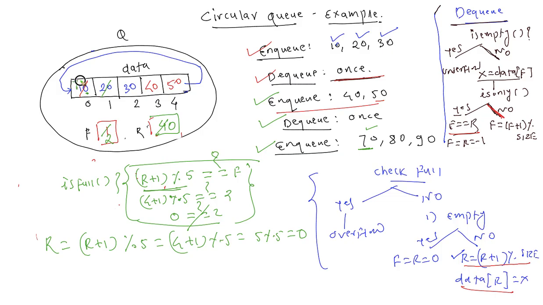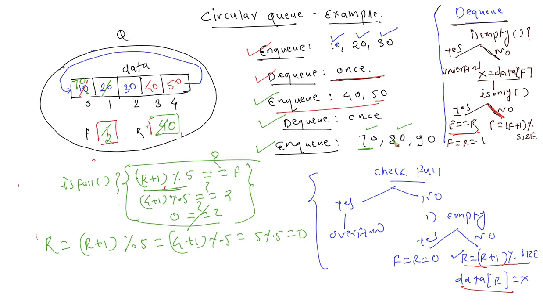Now 70 will come here. Now this location is occupied. Now you see, we have a situation where f is greater than r. That is possible in circular queue, but in linear queue, f will never be greater than r. Either f will be less than r, or f will be equal to r, but it will never be greater than r. But in circular queue, any situation is possible.